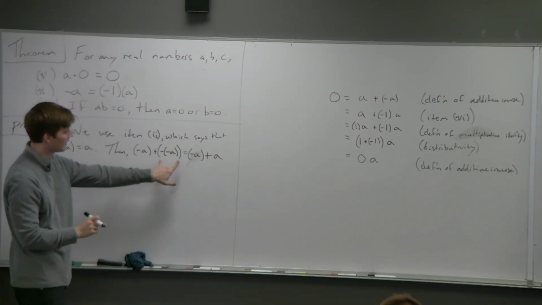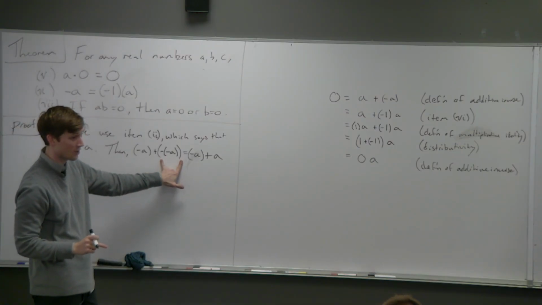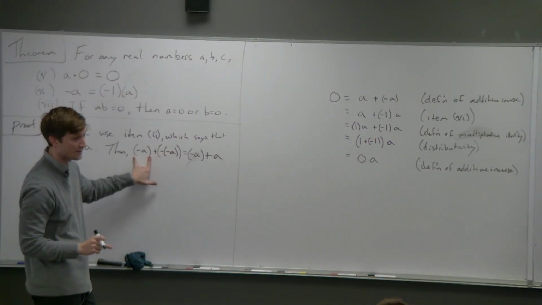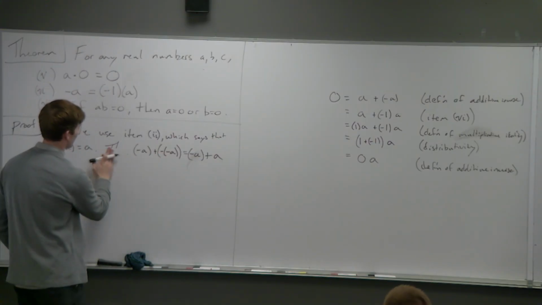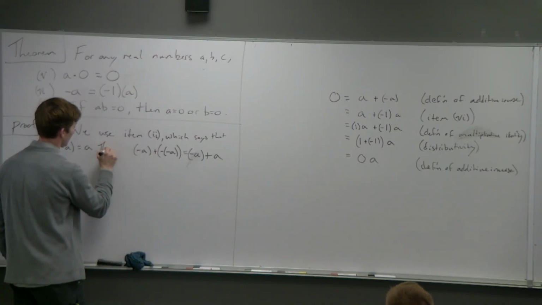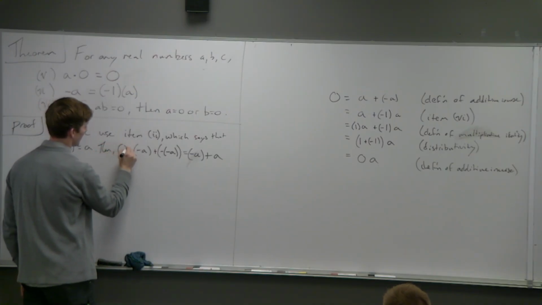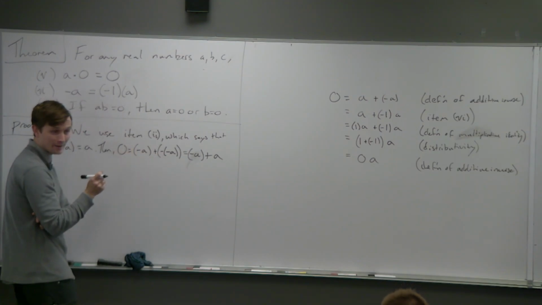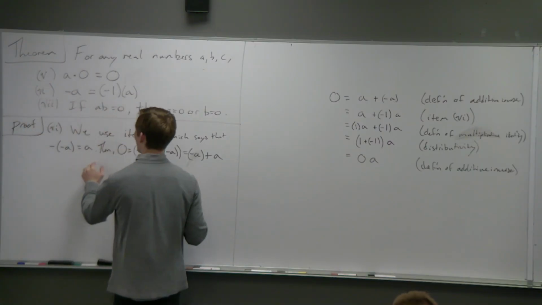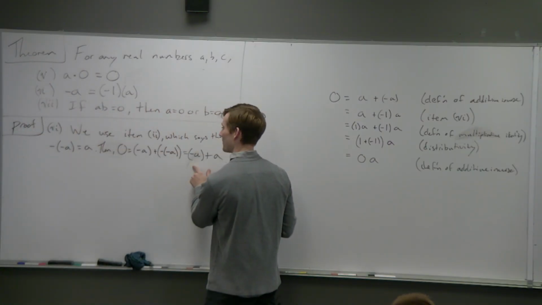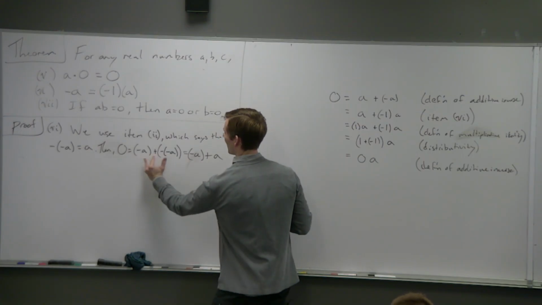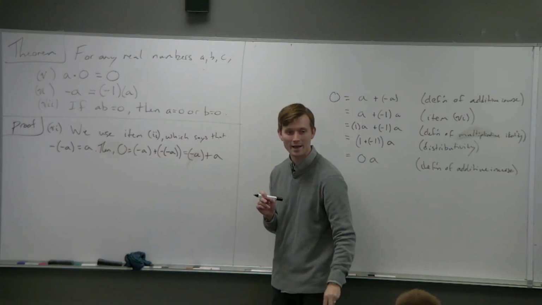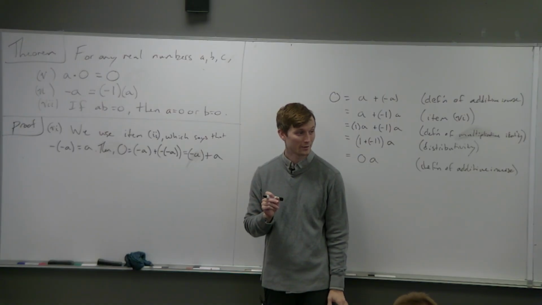Okay, so I've added the thing you add to minus a to get 0 to minus a. So, here, I'll even do this just to make it more compact. That's 0, right? From the definition of an additive inverse. And on the other side, I added minus a to both sides, so I have minus a plus a. That is also 0, yeah?